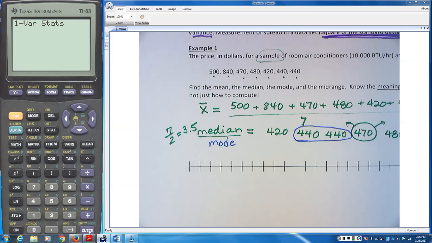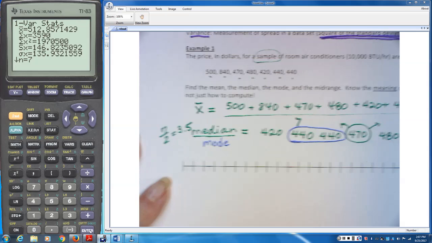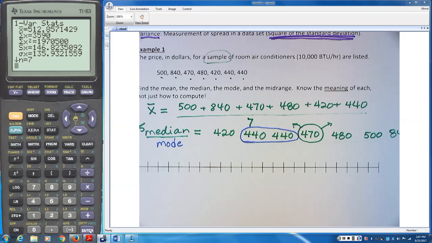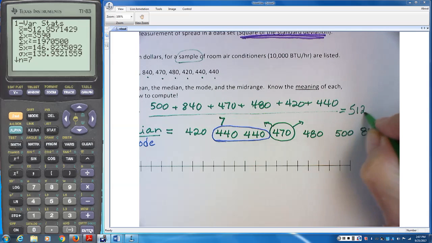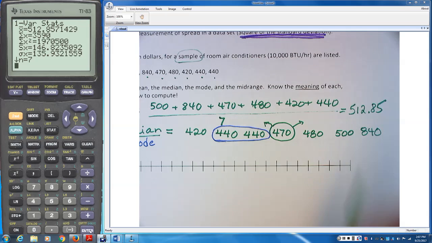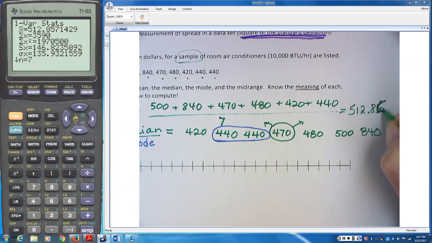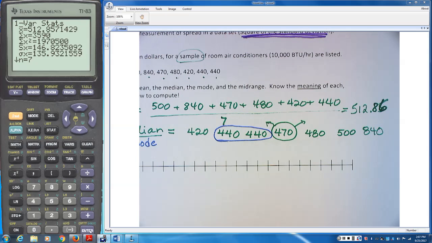The only list I'm using is list 1, so I don't have to tell it which list, it's going to assume it's list 1. And it says the mean is $512.85. Well, actually 86 cents. We're going to be more accurate because we round properly. It would be 86 cents. Okay?